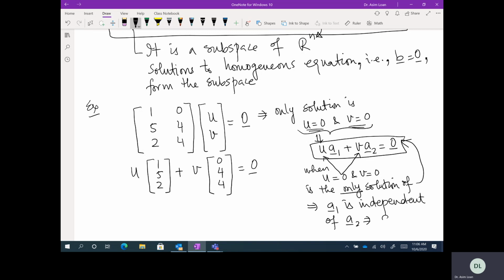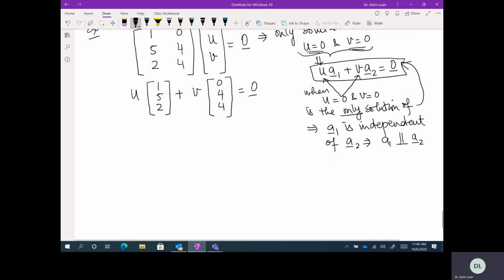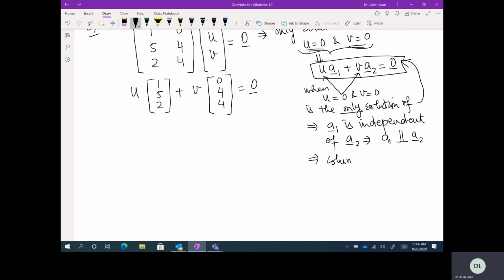This is written as A1 is independent, this is an inverted pi, of A2, or this simply means columns of A are independent.